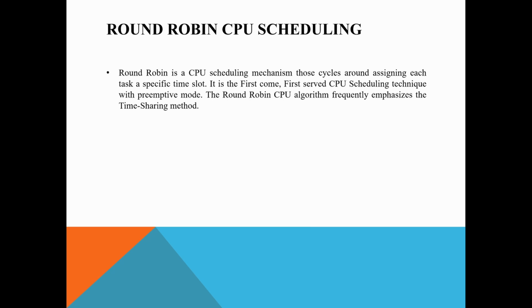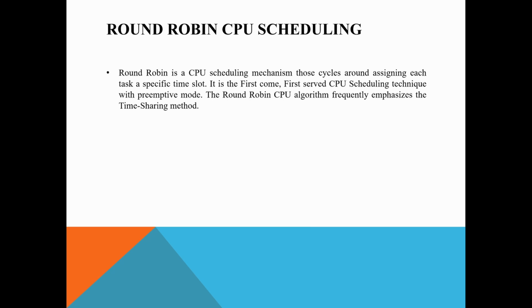For example, if a process P1 has a time quantum of 3 milliseconds, the CPU executes the process for 3 milliseconds. After 3 milliseconds, it will exit the process and take the next process.